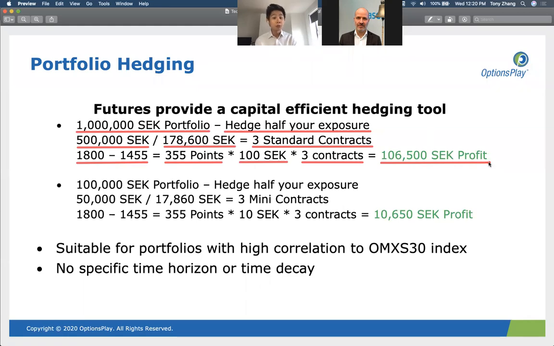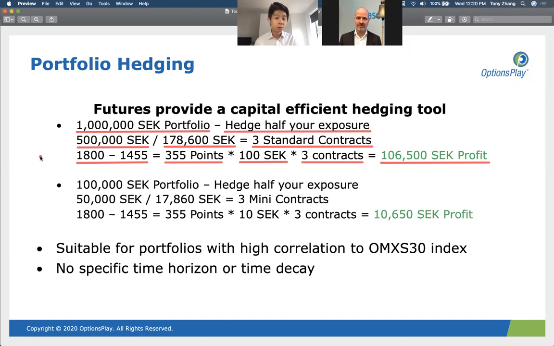So that would offset any losses that you have in your portfolio when the market declined from 1800 down to 1455. So you chose to hedge half your exposure. This would give you protection against the actual downside move for the 500,000 equity portion of your portfolio.